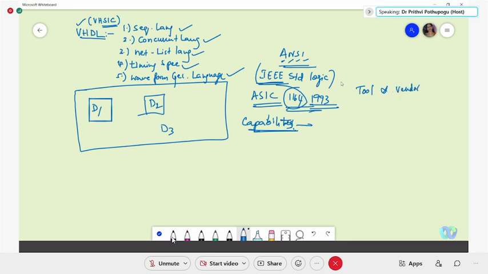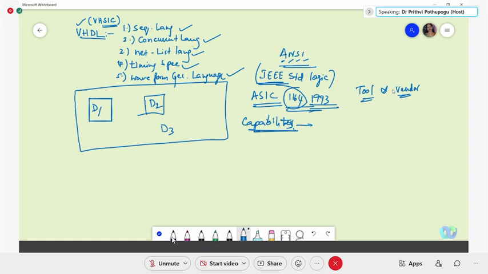Your VHDL will be the mediator between the tool and the vendor. That means a vendor or a designer will be giving the specifications, what the design should look like. That means some verbal description.